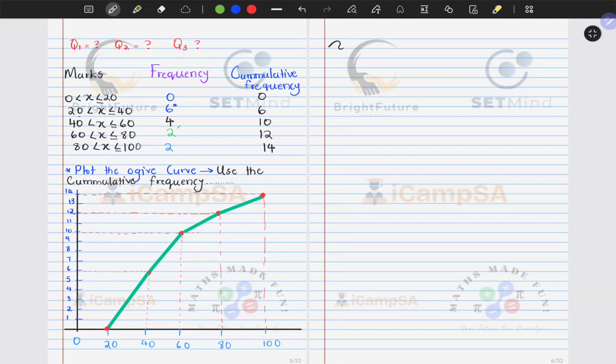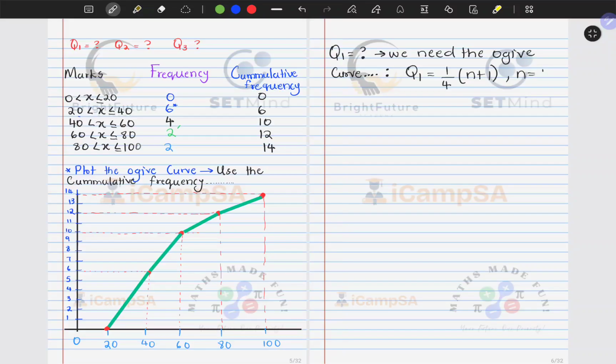Now when it comes to the question of Q1, we need the Ogive curve in order to answer this question. Why? By now we've done introductory statistics, so you should know it's 1 over 4 times n plus 1.